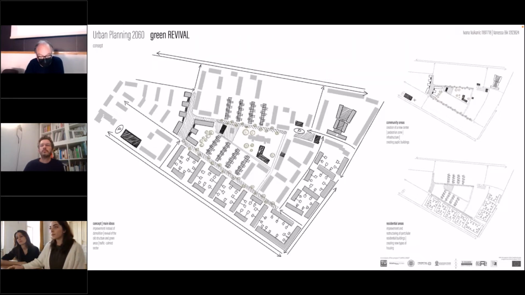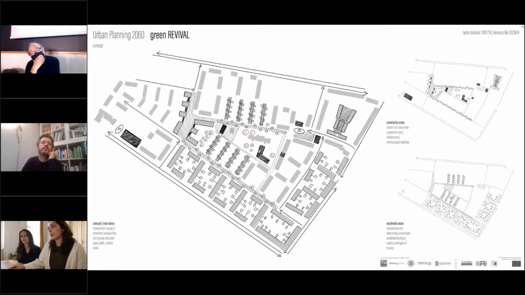Another point was the community areas. There are already some shops and cafes in the area, but not many public buildings. So we wanted to create some more, but we will come to this later.